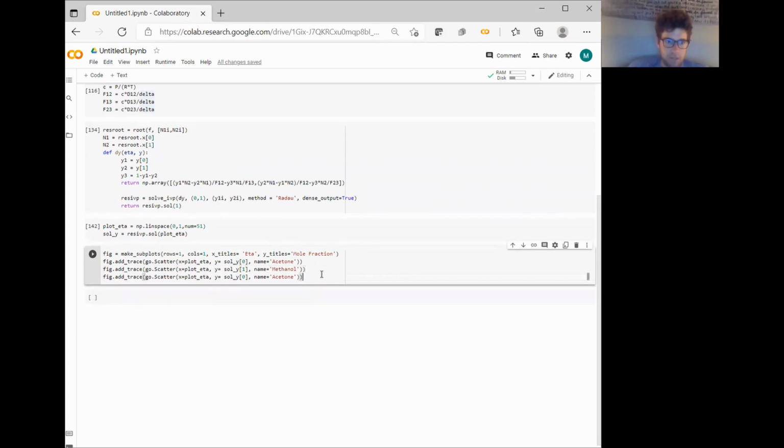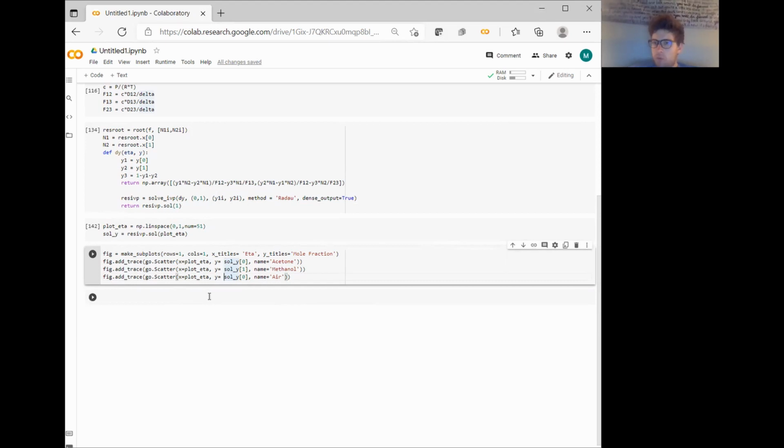And then we're going to copy and paste again for our third component, air. But this is where it gets a little bit tricky. We don't actually have air in any of these arrays. Remember, all we put in these arrays was acetone and methanol.